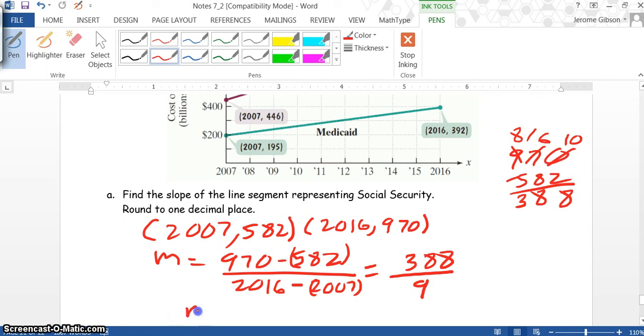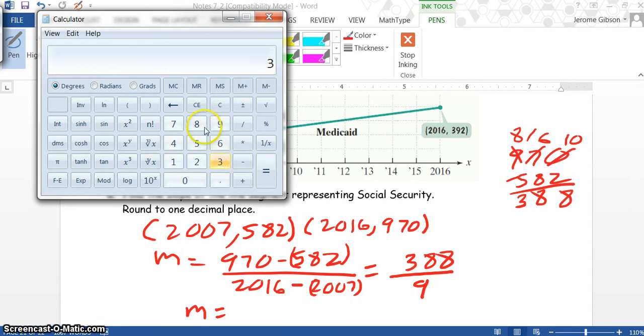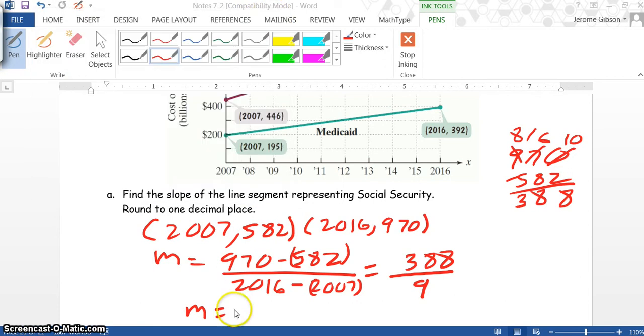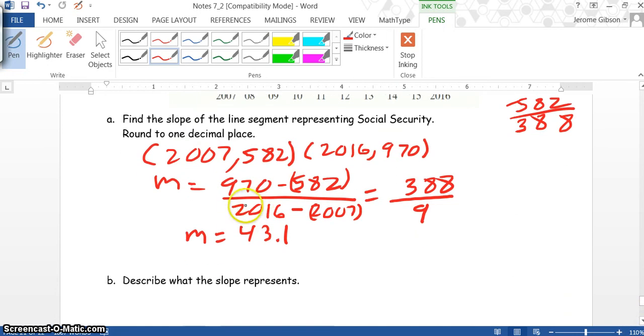Now, what you would need to do is take your calculator and divide this out. We had 388 divided by 9, and that gives us 43 point, and you see it's a lot of ones, and they want us to round to 1 decimal place, so it'd be 43.1. And this is the final answer.